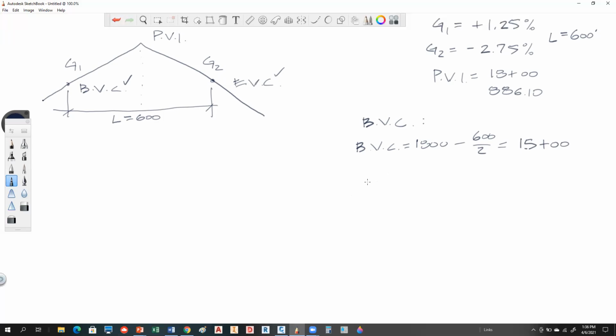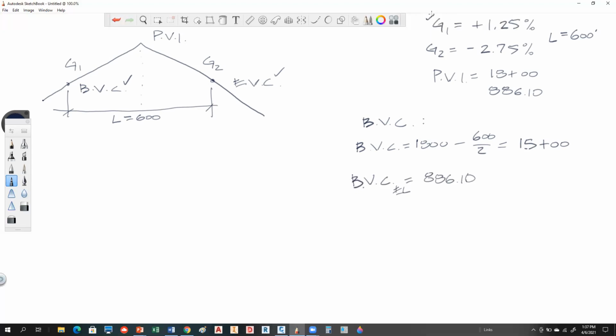All right, so the elevation is a little trickier. So the elevation of this guy is going to be equal to the elevation of the PVI plus the drop from here to here. So how do we solve the drop from the PVI to the BVC? How would we do that? Anybody know? Well, you know the grade, right?